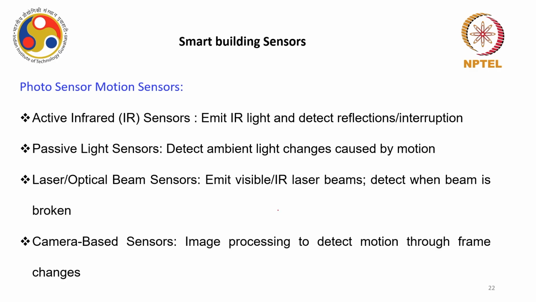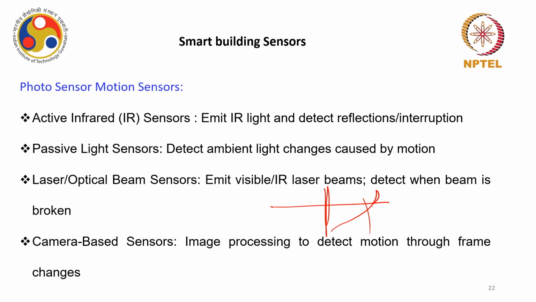So you have a monochromatic source of light, and if the occupant is moving in this direction, or in some way interrupts this beam, that is detected by the detector. It can be a pyroelectric detector or any other kind of thermoelectric or thermopile based sensor. So this broken beam is detected, and based on that we can tell the pattern of movement of the person.